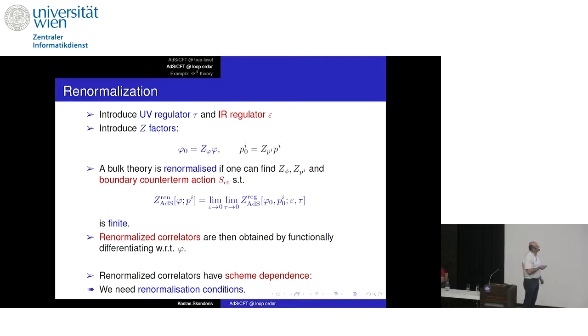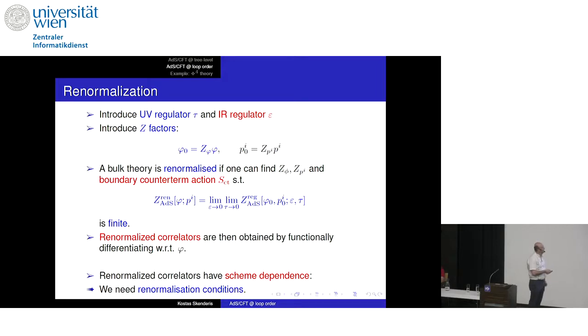So here I put different color for this one, because that's sort of the analog of wave function normalization in standard quantum field theory. But in this context, this is really a boundary coupling. So it's a field that parameterizes boundary condition. It's not wave function normalization. And we would say that the theory is renormalized if one can find z factors and a boundary counterterm action such that this regularized quantity has a limit.